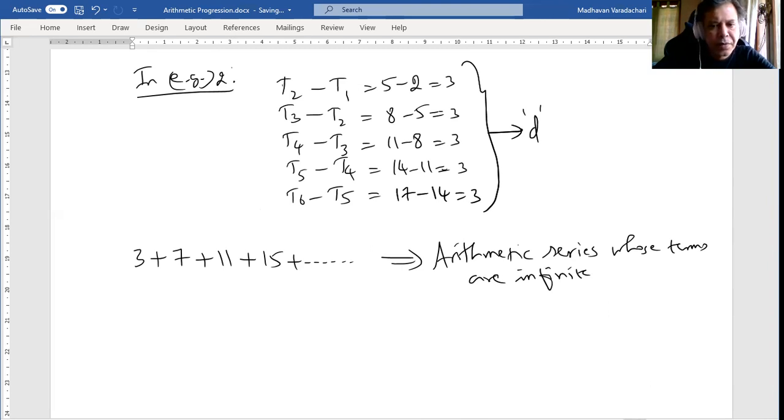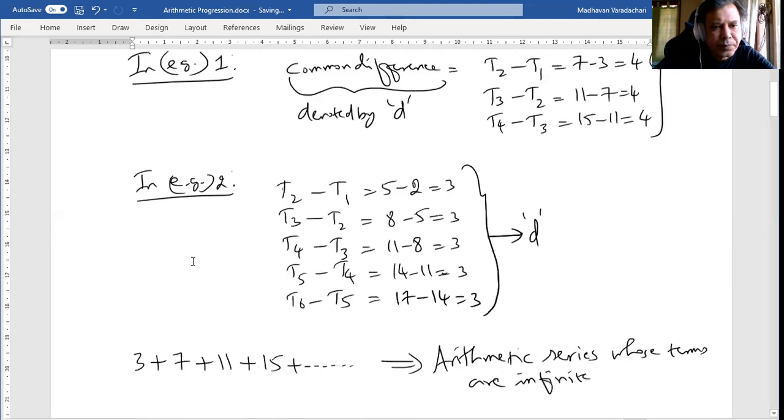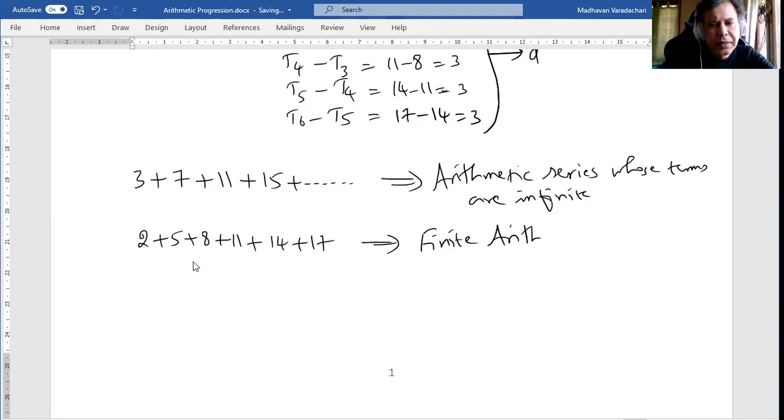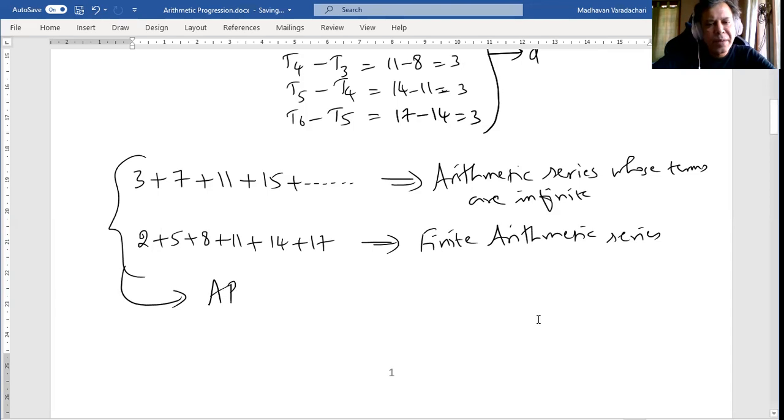That means the number of terms is infinite. Then in the second example, 2 plus 5 plus 8 plus 11 plus 14 plus 17. This is a finite arithmetic series because it has finite terms. Both of these can again be said to be an arithmetic progression. Sequence or series both can be said as arithmetic progression.